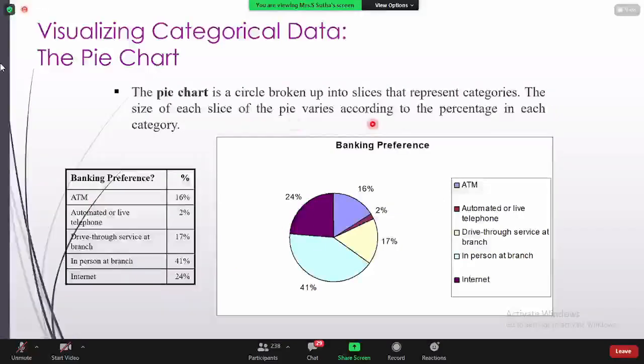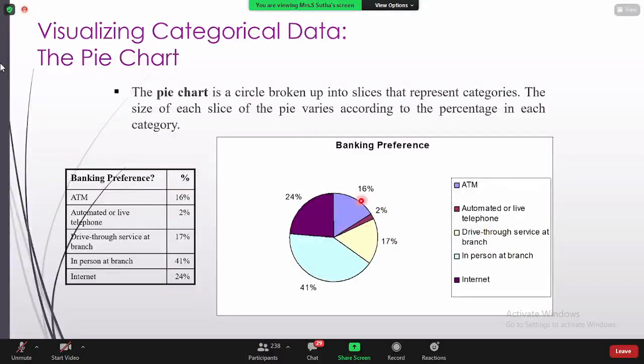So the pie chart is a circle broken up into slices that represent categories. The size of each slice of pie varies according to the percentage. So here we can compare all these categories using the area of these sectors.